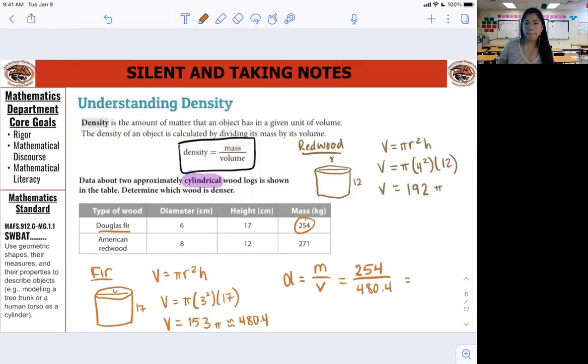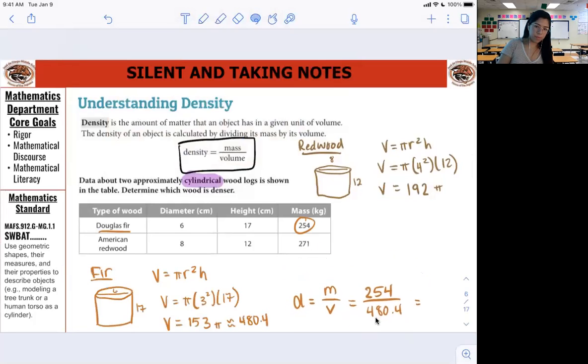What do we got? When you divide, what do you get? Good, 0.53. That's the density of the fir tree.